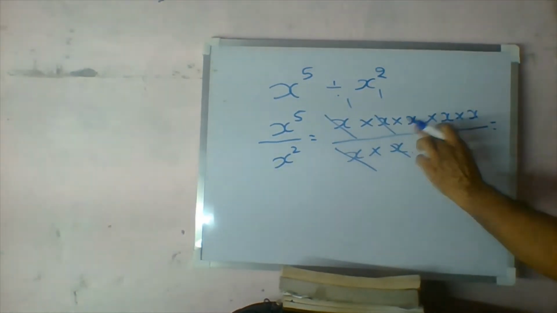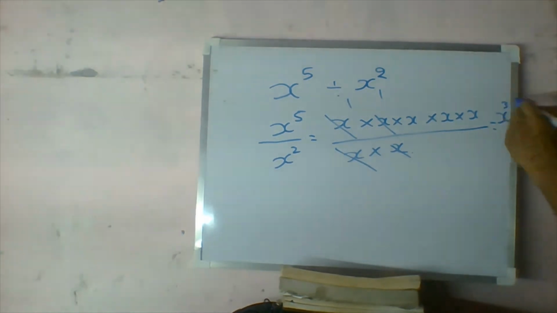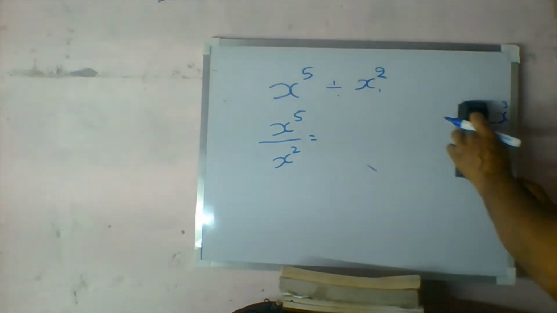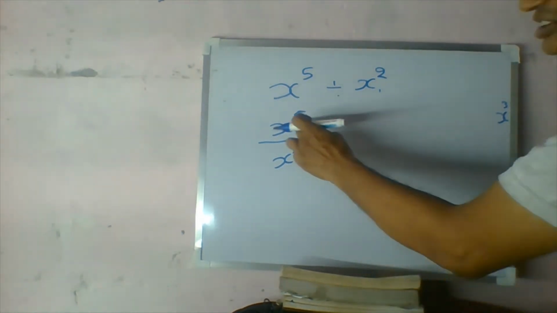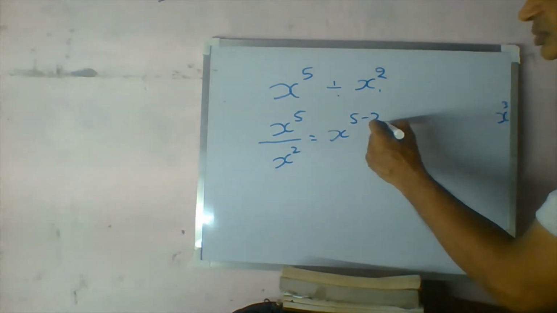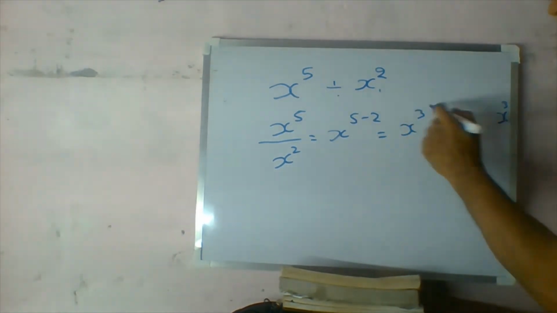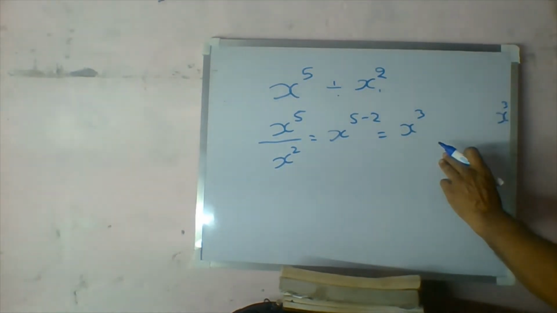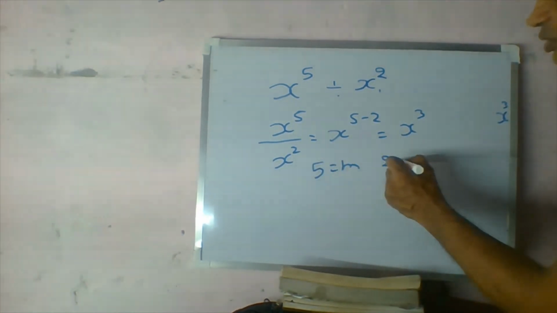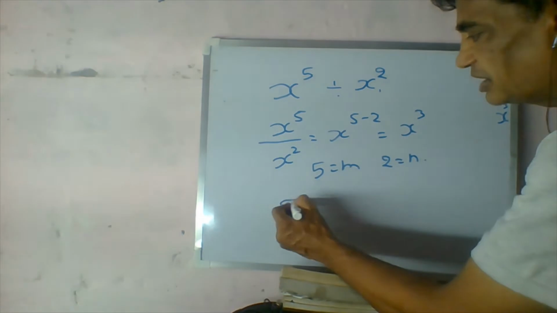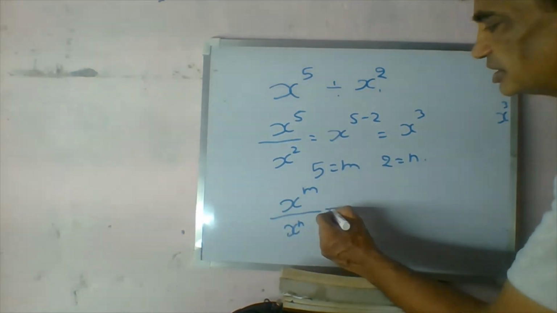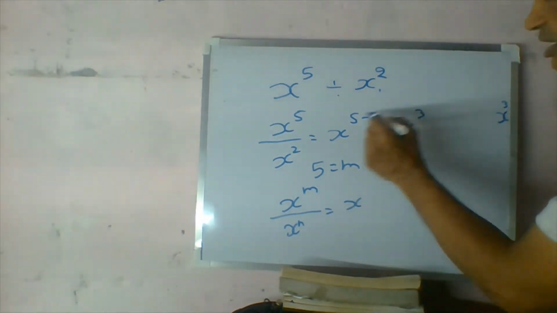After cancelling, three x's are left multiplied together, and we can write it as x raised to power 3. So what does that mean? This means x raised to power 5 divided by x raised to power 2 is x raised to power 5 minus 2, that is x raised to power 3. So if 5 is equal to m and 2 is equal to n, I have x raised to power m divided by x raised to power n equal to x raised to power m minus n.